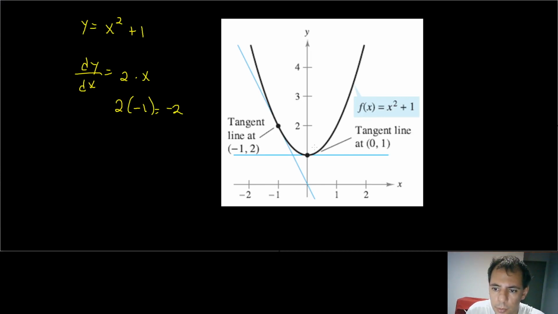Now let's find another point. For example, let's take x equals 0. Well, it's going to be 2 times 0, which is 0. Is the slope going to be 0 at x equals 0? Yes, it is. It's this one right here. At x equals 0, you've got a horizontal line, which makes total sense. And as it keeps going up, the slope starts increasing.